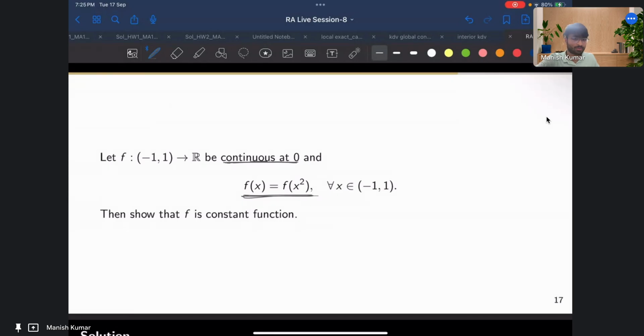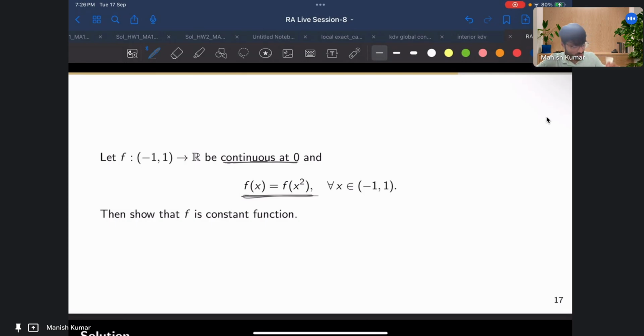So there are only two things that have been given to you. The first is that f is continuous at 0. The second is that f(x) is equal to f(x squared). You have to prove that it is a constant function. Can you tell me what we can do? Do you have any idea how we can prove it?